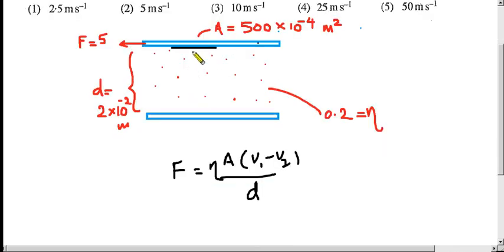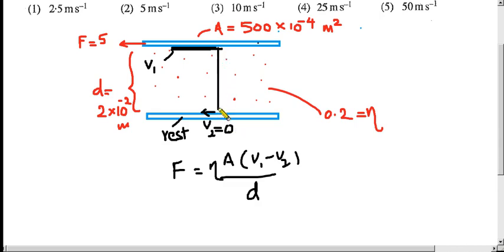In contact with the upper plate there is a layer that is moving with a velocity v1. The layer in contact with the lower plate, which is at rest, has velocity 0, that is v2 equals 0.